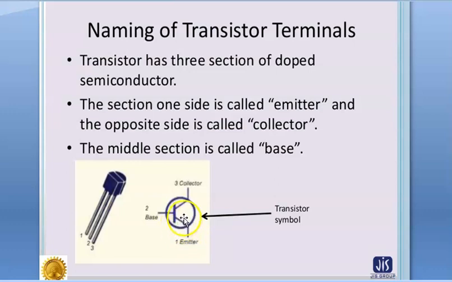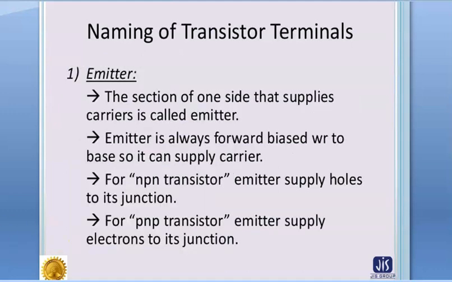If the direction of this arrowhead is outwards, then it is NPN. When the arrowhead direction is inwards, then it is known as the symbol of PNP transistor. Now, as I told, the transistor is a three terminal device. First one is emitter terminal.